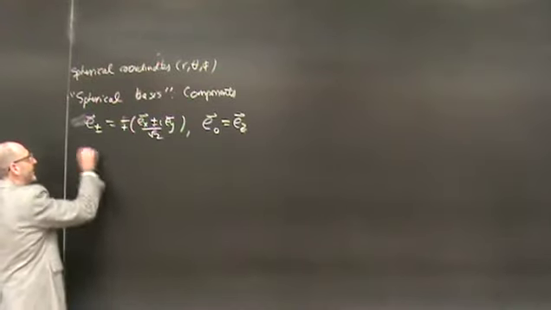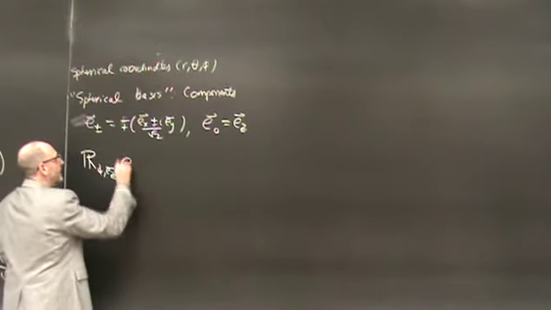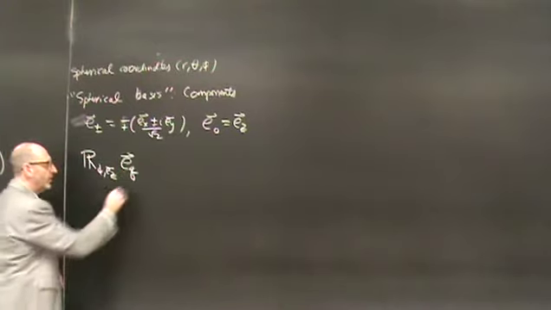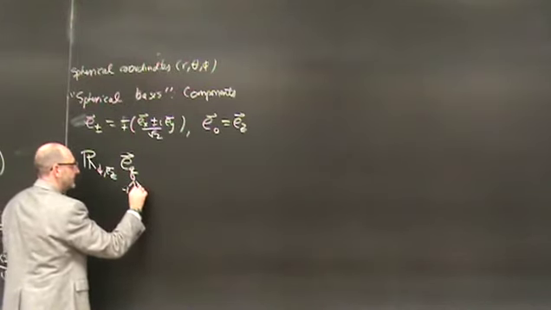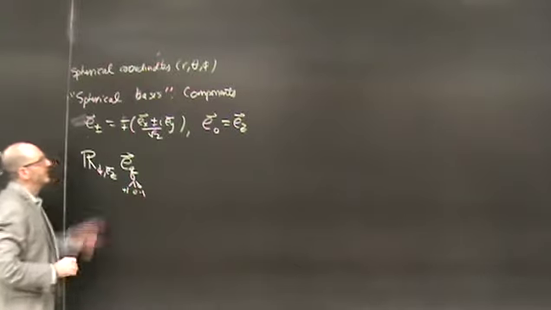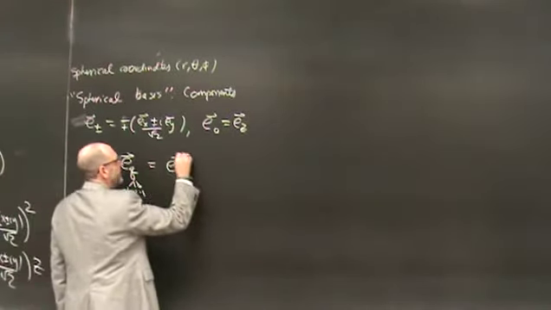If I rotate by an angle phi about the z-axis these vectors we call e_q, where q takes on the values plus 1, 0, and minus 1, the vector comes back to itself with a phase factor.